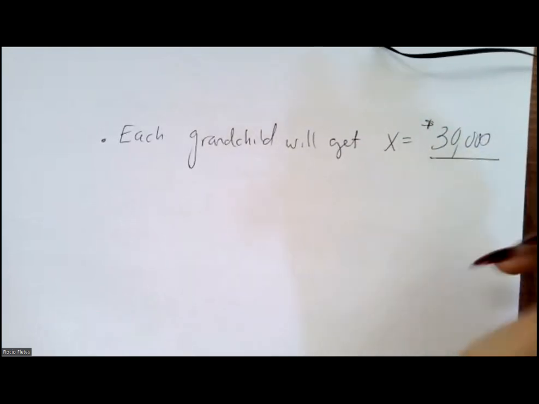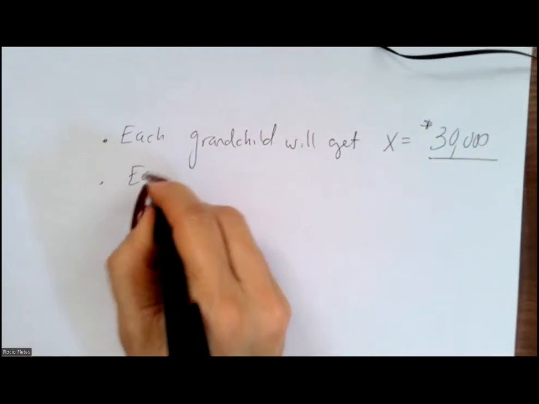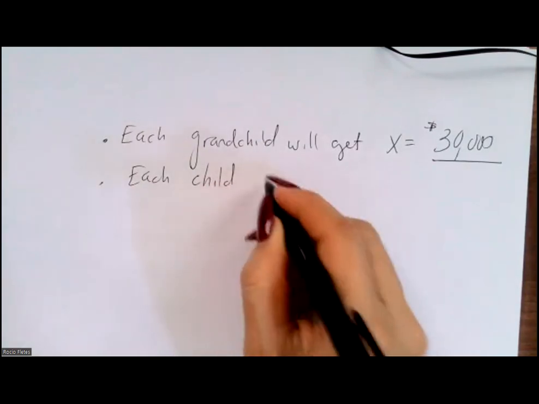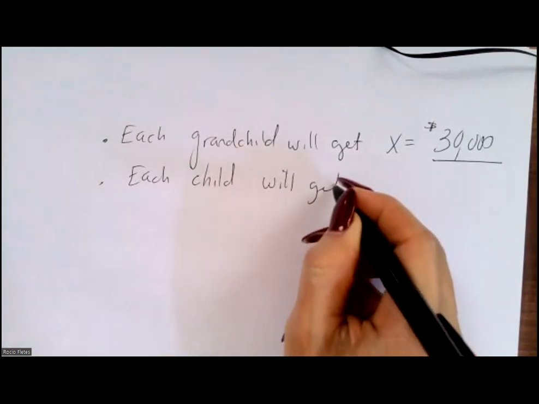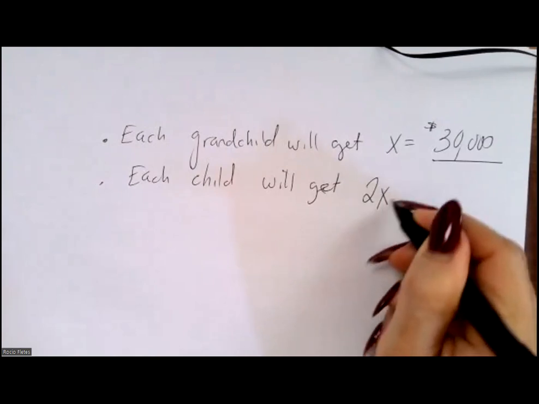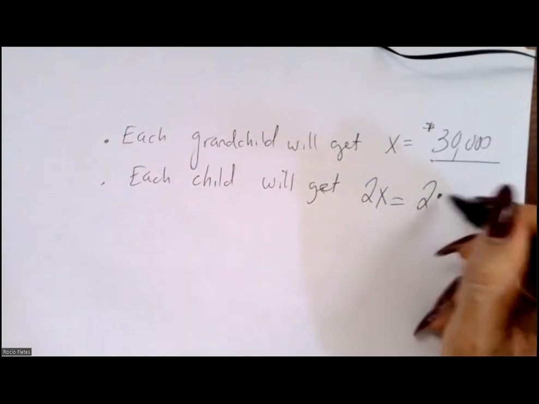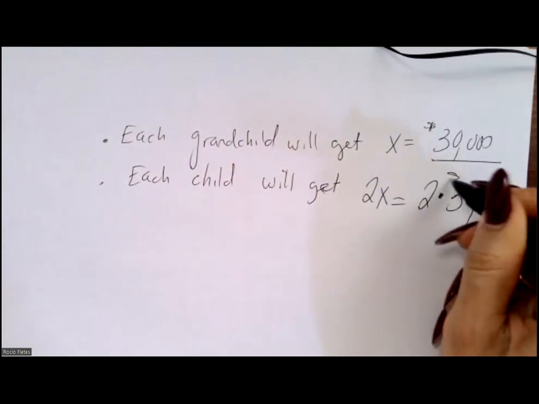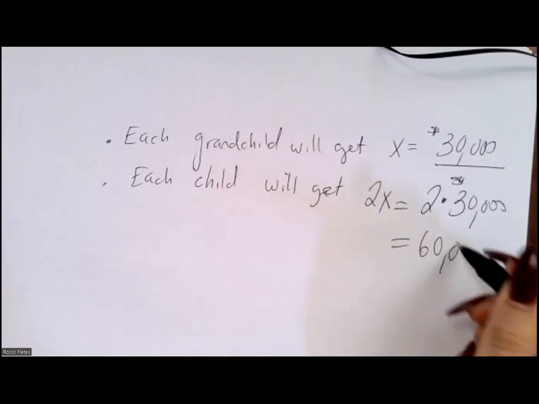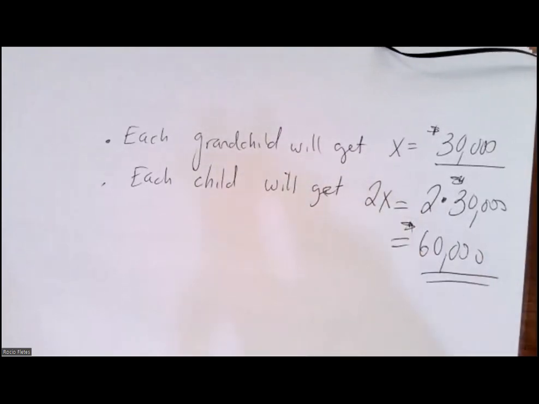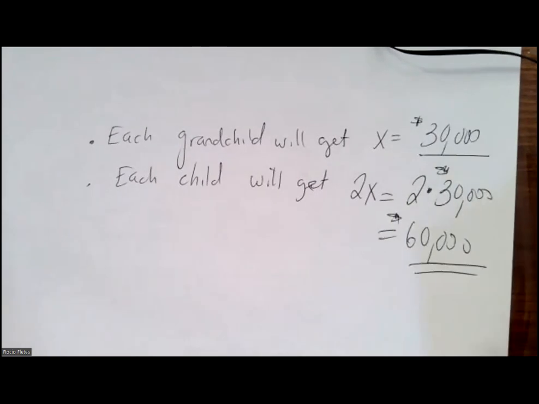This means each child will get twice as much, 2x, which is 2 times 30,000, which gives us 60,000. So they're getting 60,000 each child.